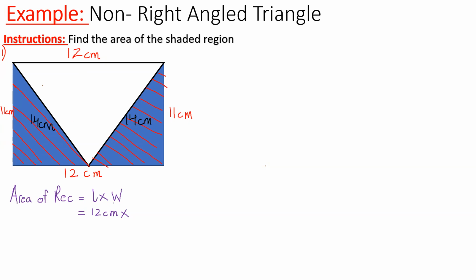Yes, sir. So the width is going to be 11 centimeters. So what is going to be the area? 12 times 11, which is what? 132 centimeters squared. Who said that? Latavia. Latavia, okay. 132.